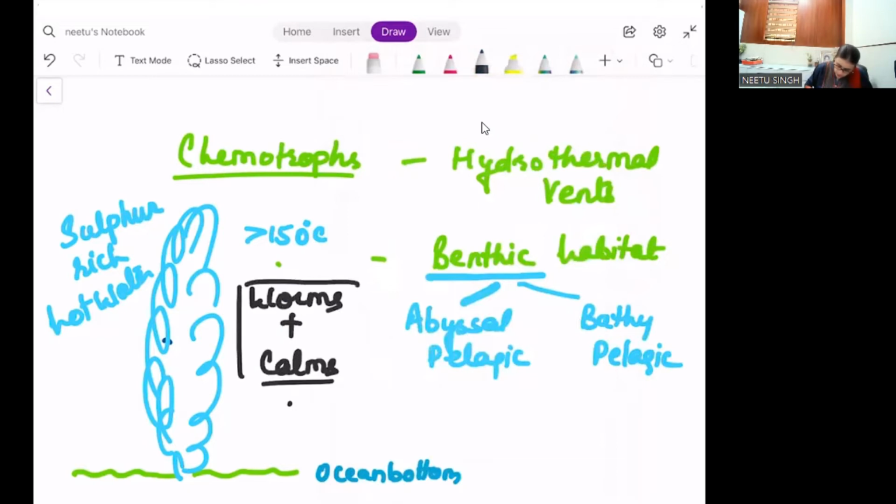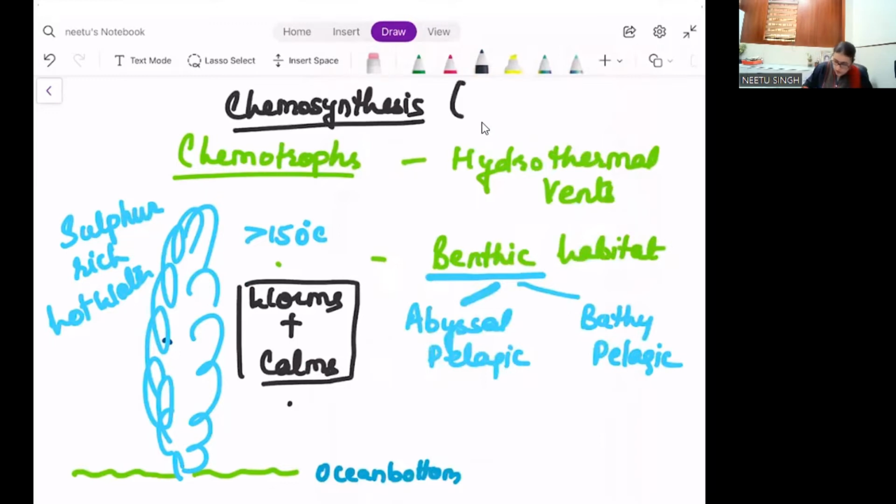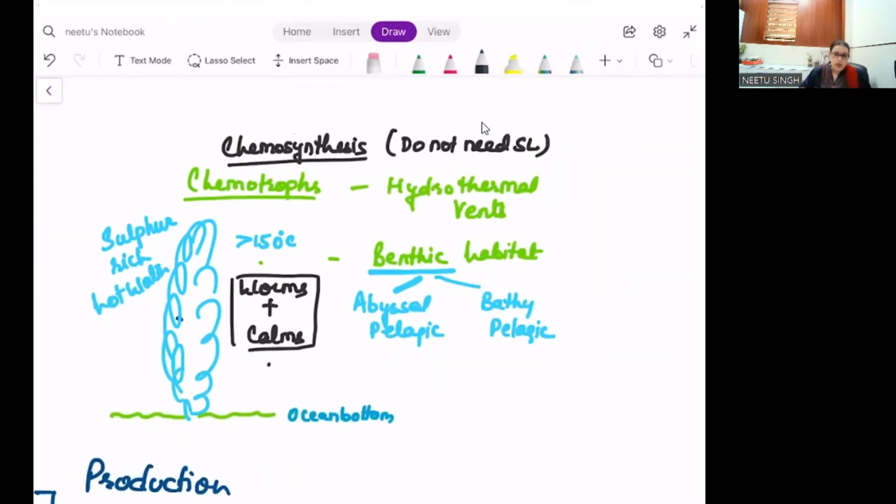They produce food, energy and matter by the process of chemosynthesis. Chemosynthesis does not need sunlight. So chemotrophs are those specialized producers which produce food, energy and matter by chemosynthesis. They are very typically confined to the habitat called hydrothermal vents. These hydrothermal vents are also called black smokers.